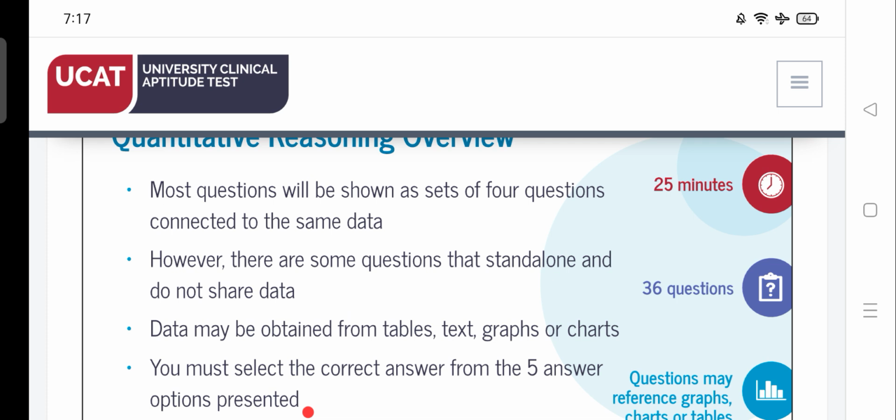But there are some questions that stand alone and they do not share their data with any other questions. And the data that will be given to you in the questions will be in the form of a table, text, graphs, or charts. There are 5 answer options presented to you, but you have to select the one correct answer.